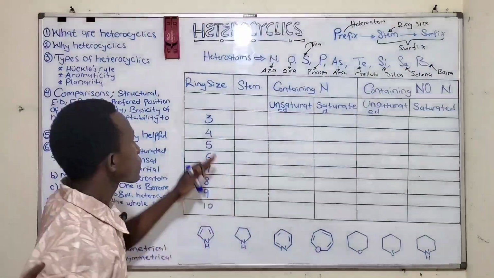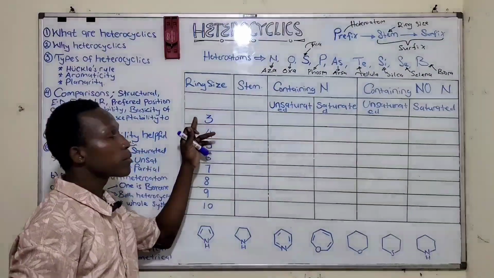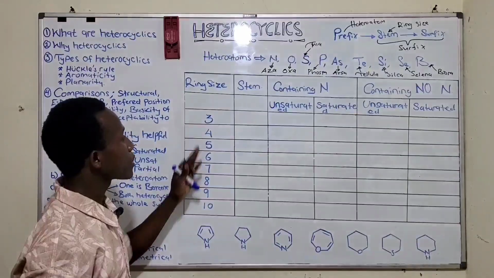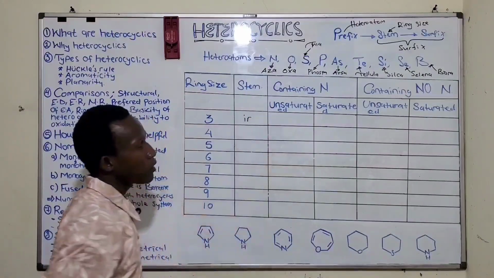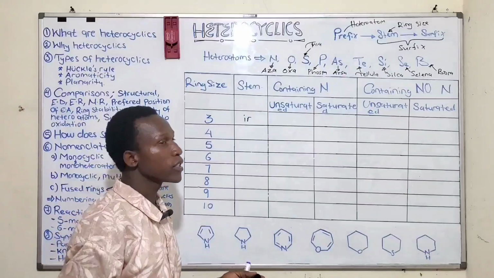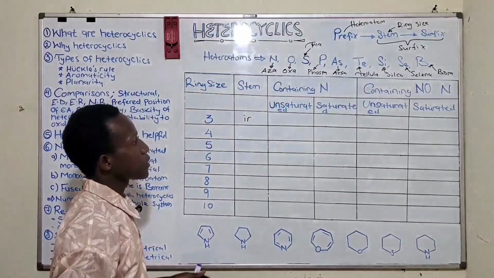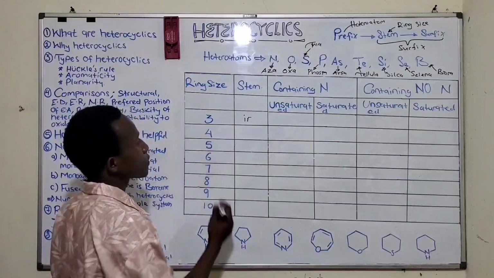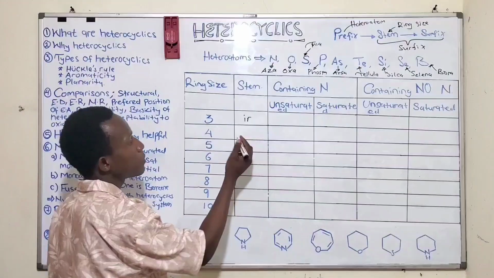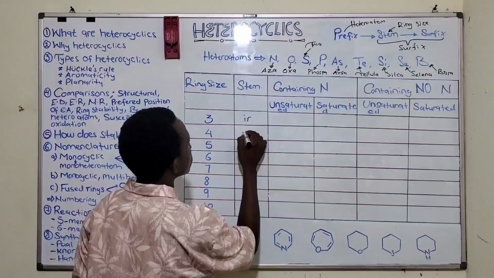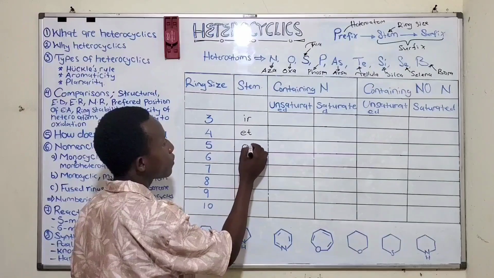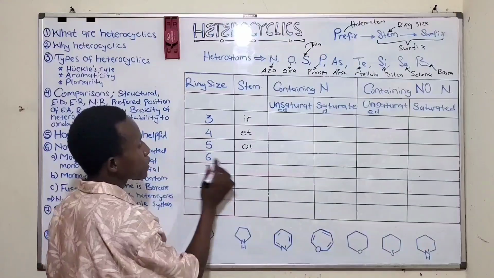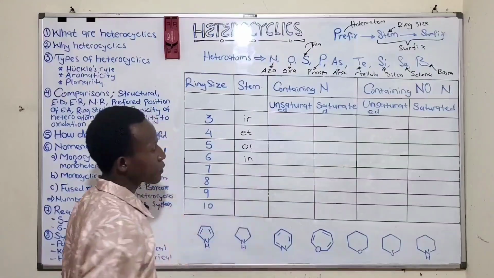Now we come here. If you have a three-membered ring heterocyclic, the stem will be ir. Of course, you can't start from one. Rings start from three. Then a four-membered ring will be et. Then for five or six we have ol and in.